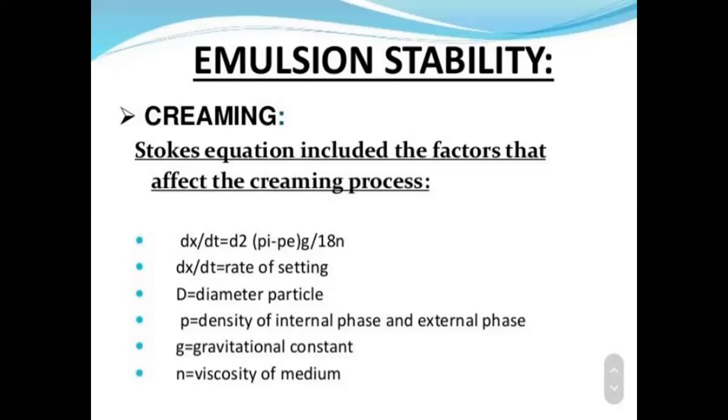So like that, if the stability of the emulsion is not maintained, if the emulsion is unstable, then creaming occurs, or creaming leads to an unstable emulsion. Creaming is the reason for instability of emulsion.